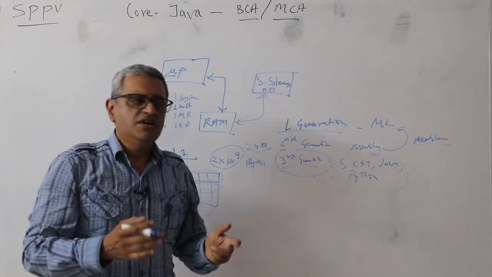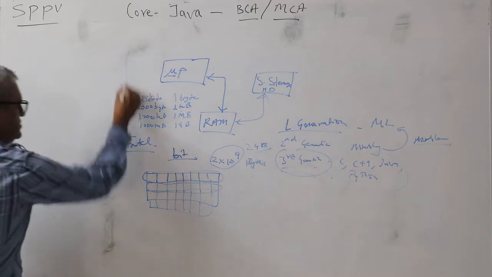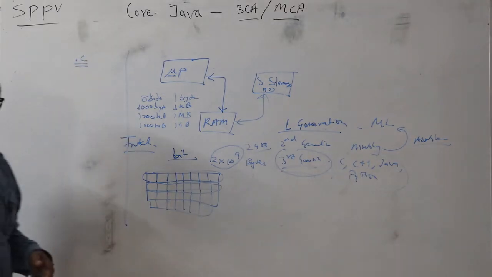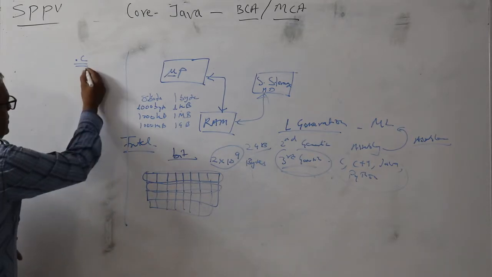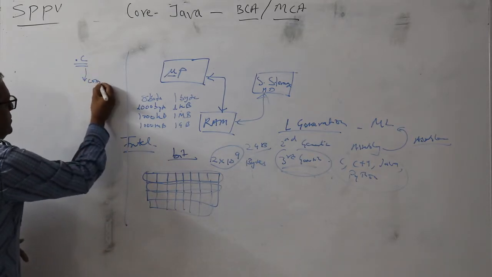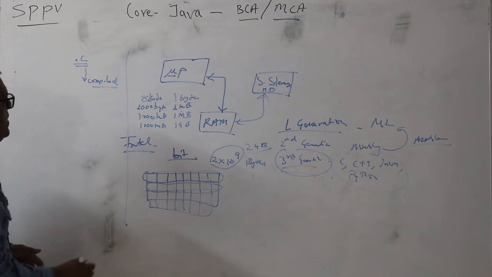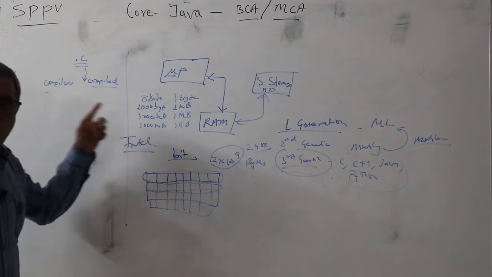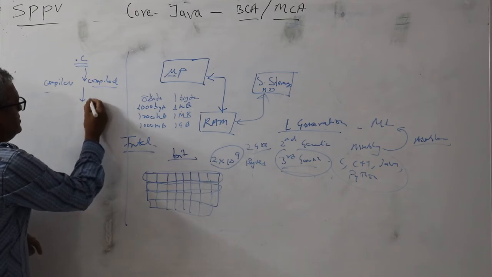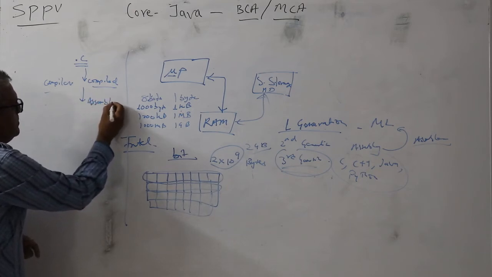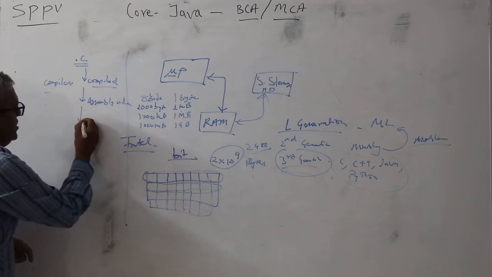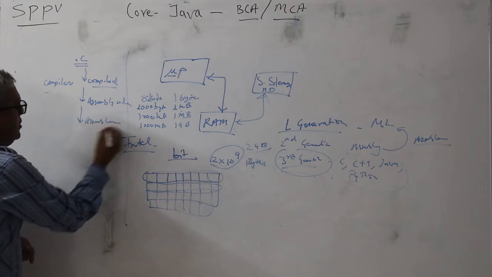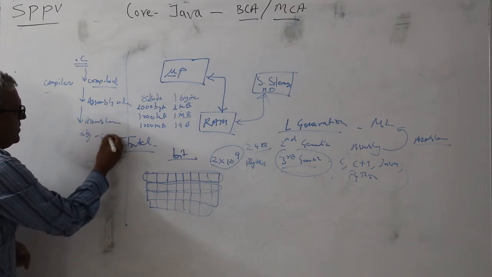So let us take an example of C. What typically happens in C is, if you have a .c program, it needs to be compiled. A compiler compiles the .c code and converts it into assembly code, which is further converted by the assembler into object code.